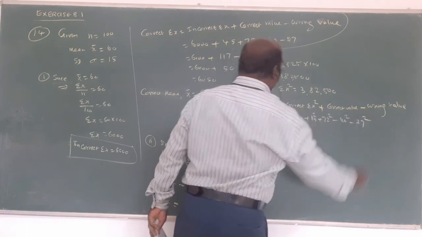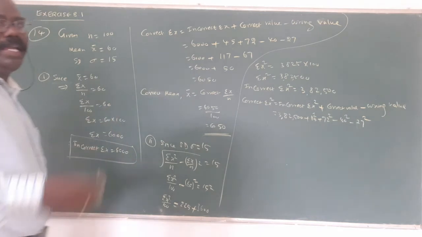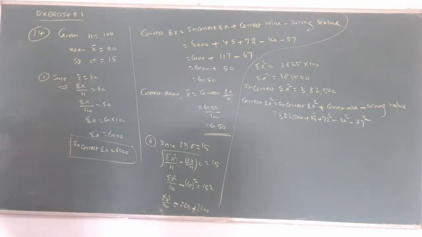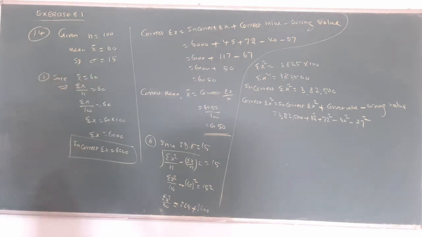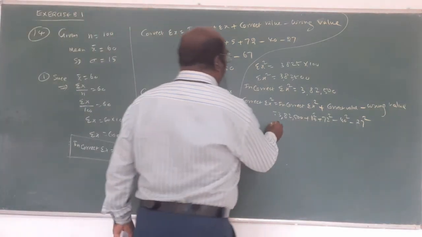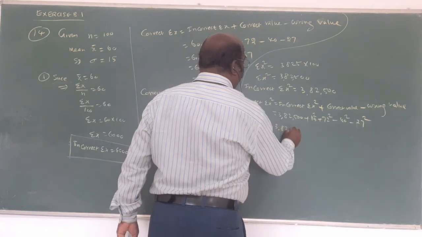This is important because sigma x square means square and adding. The correct value should be squared and added. The wrong value should be squared and subtracted. Now, simplify 38250.